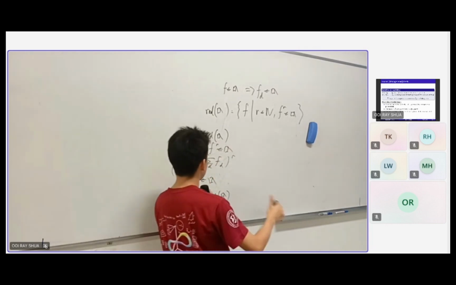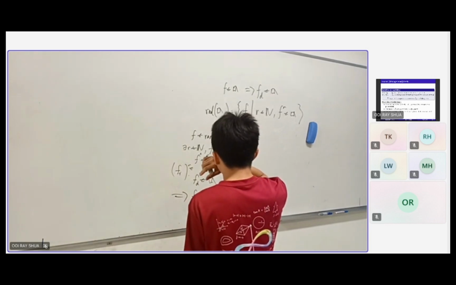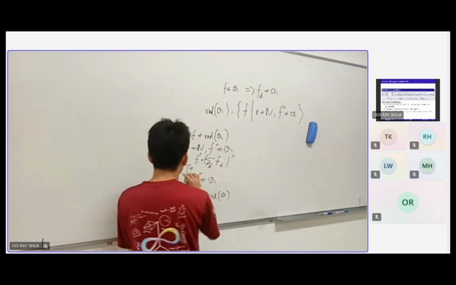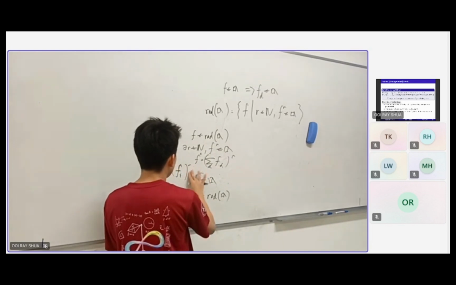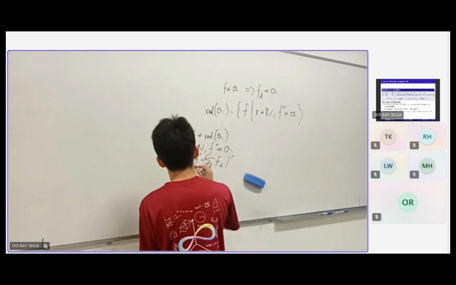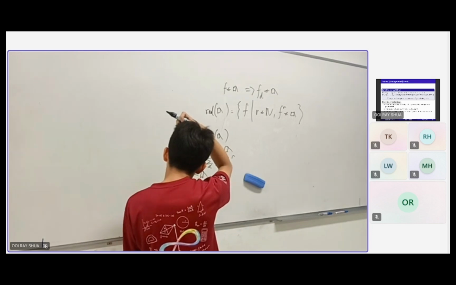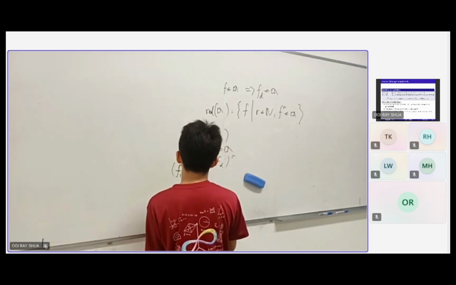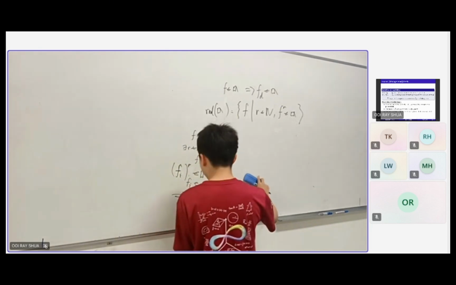So just write the definitions out. Any component fi to the power r is a component of f to the r, so it must be in A. So fi is in the radical for any i.